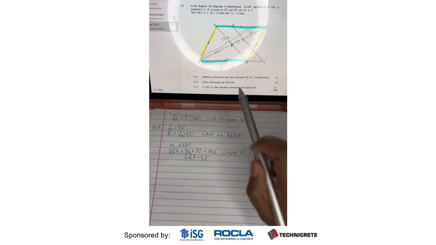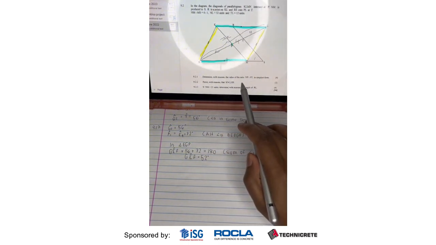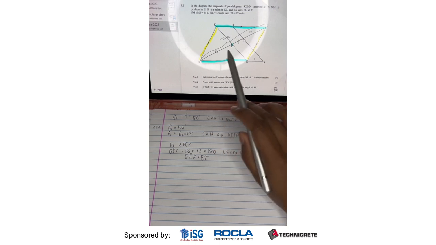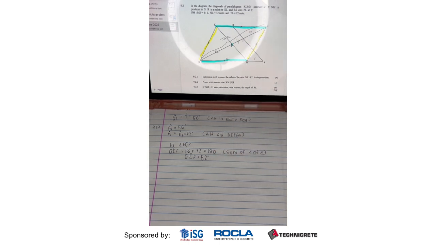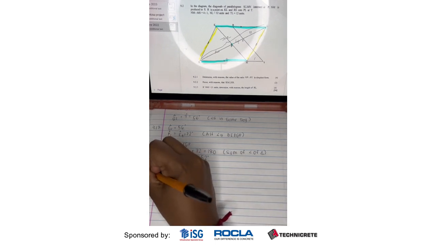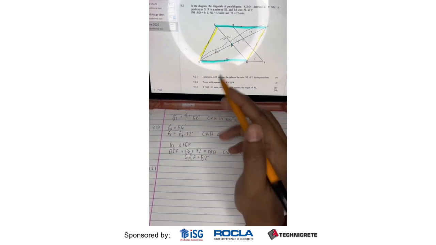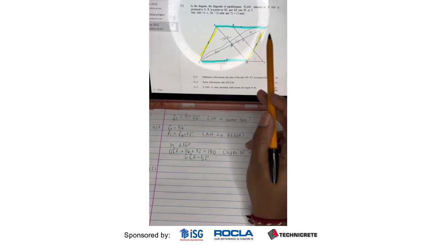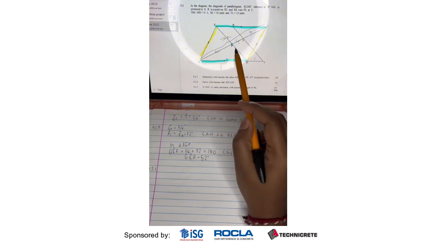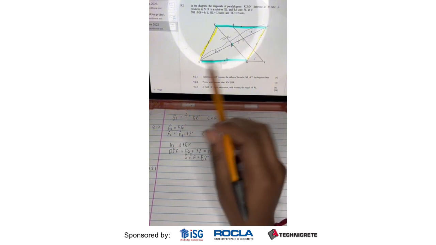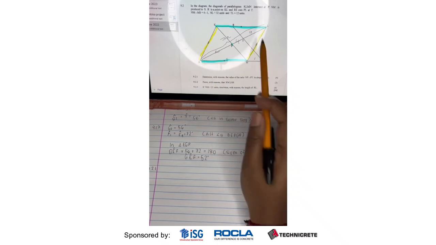The first thing that they say is determine with reasons the value of the ratio NP to PT in its simplest form. That shouldn't be too hard, seeing as we already have analyzed it, okay? But it's 4 marks. So let's write out what we have already said. So we were given NL to be 32 units, and I said NP and PL are half of it because of the diagonals of a parallelogram.